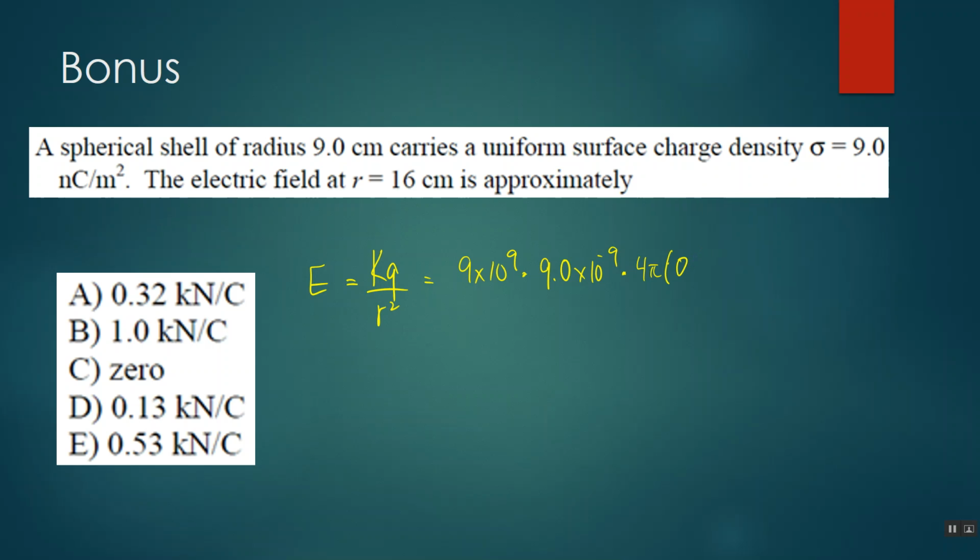Then you would just plug that charge into there, and that's it. Yes. Exactly. But this one is saying the R is 16 centimeters, so that's assuming it's already from the center.